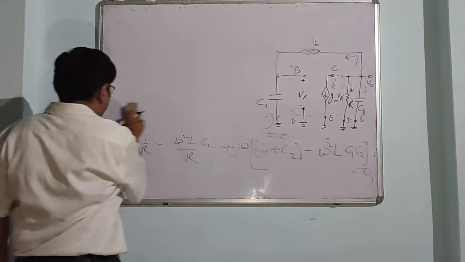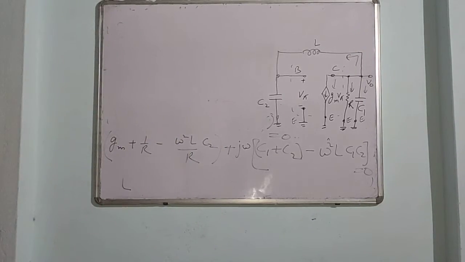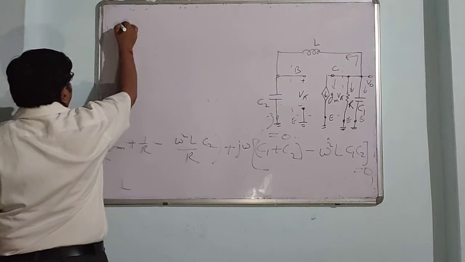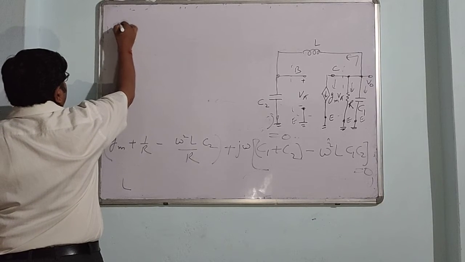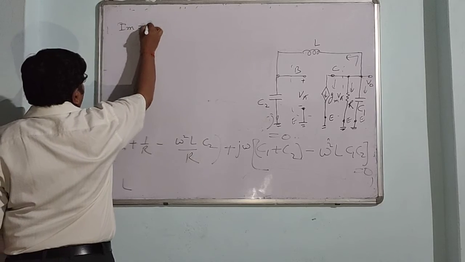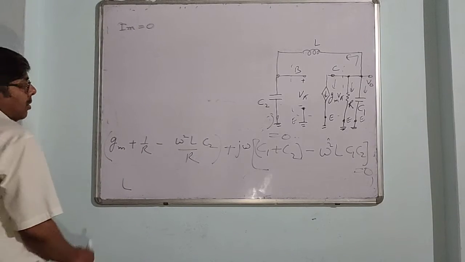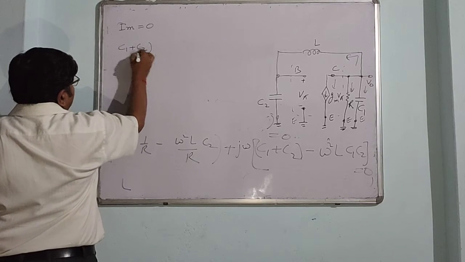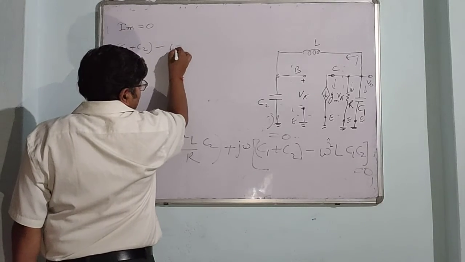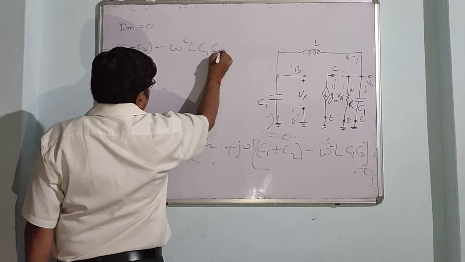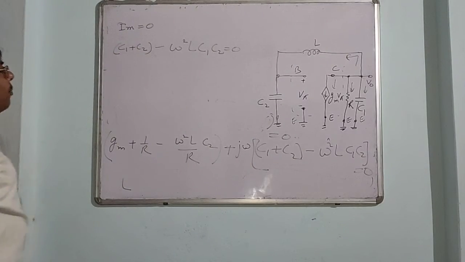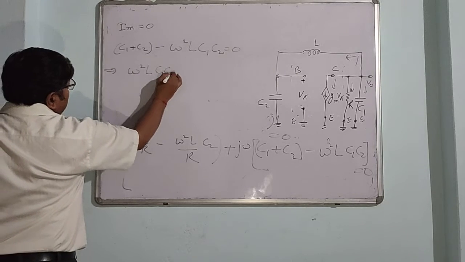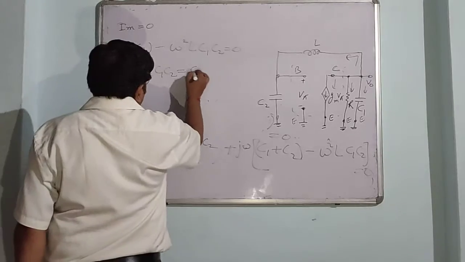Now you can find out the frequency of oscillation. This whole term is 0, means putting the imaginary part equal to 0, means C1 plus C2 minus omega square L C1 C2 equals 0, and this implies omega square L C1 C2 equals C1 plus C2.